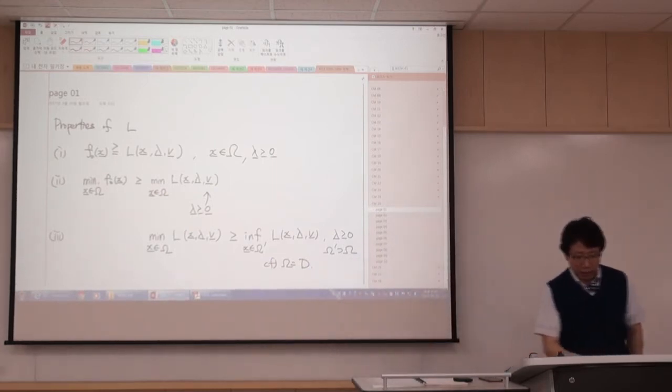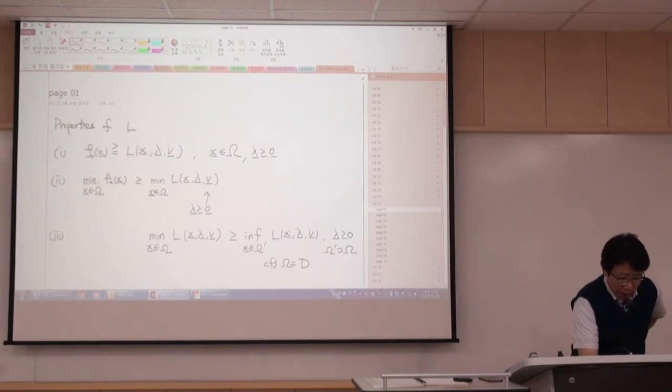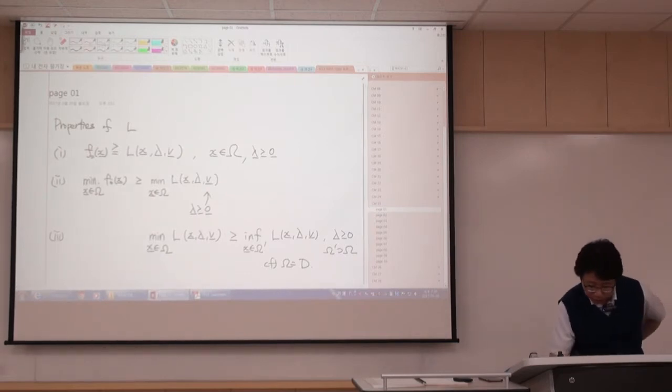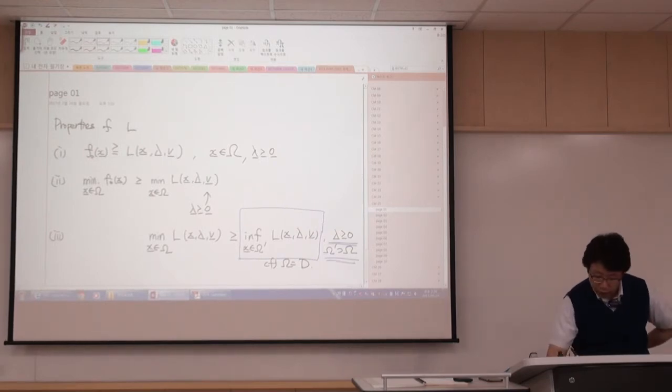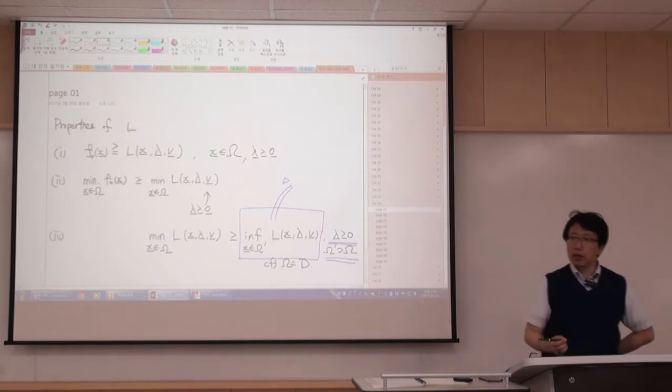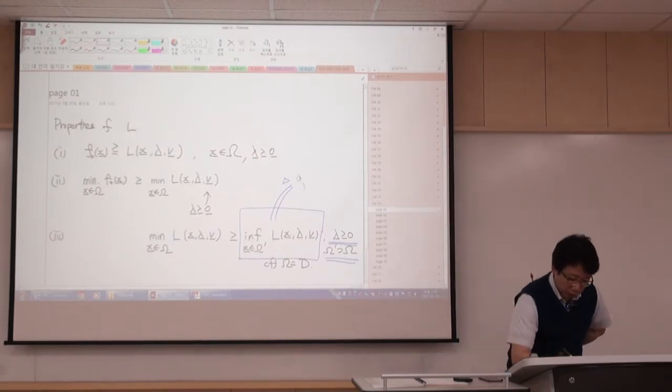Got it? Now, let's define this function under this constraint and this one. Got it? And define this one as a function of what? Lambda and nu.